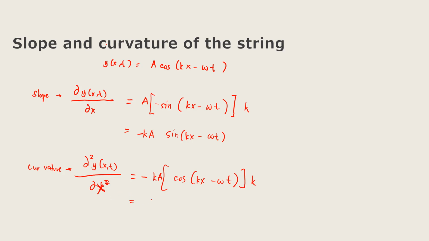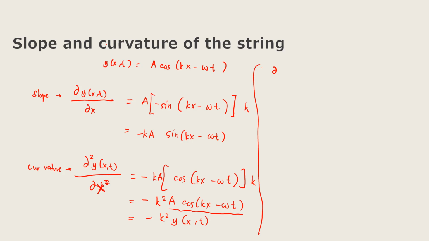So we have this expression: negative k squared A cosine (kx minus omega t), which is just equal to negative k squared times this whole term here, which is just our displacement function y of x,t.